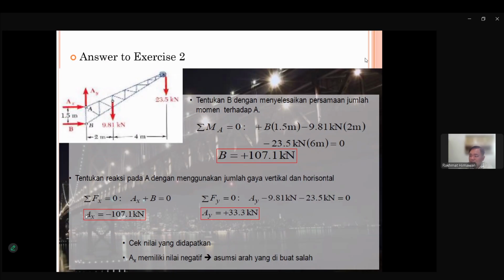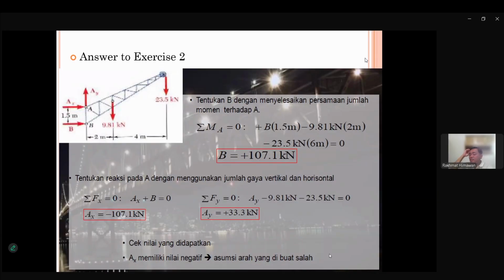So this is an example where we previously put AX in the X positive direction. And now since we get minus 107.1, you just need to add here: AX has a negative value. So the first assumption is incorrect and it should go in the negative X direction.